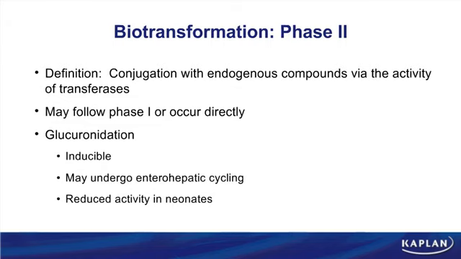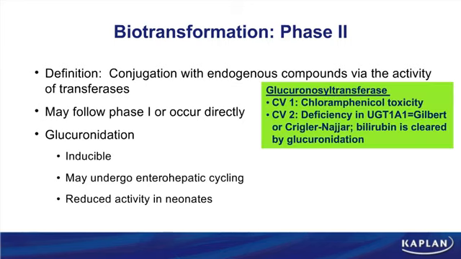So what's the enzyme that accomplishes glucuronidation? It's the enzyme glucuronyl transferase. You need to transfer that glucuronide conjugate. There are a couple of clinical vignettes that I want to go over here that are related to glucuronidation. The first one is the drug chloramphenicol and its toxicity. If I said, what does chloramphenicol do to neonates?